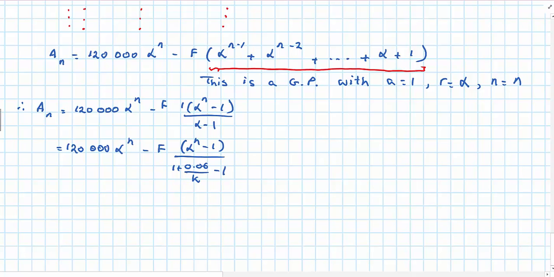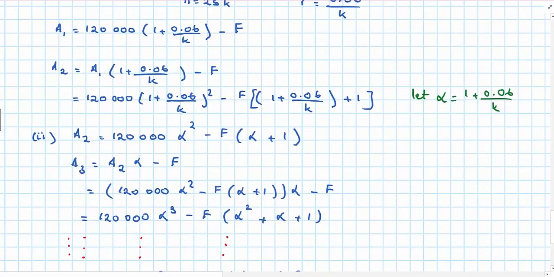The ones will cancel by doing my fraction division. I end up with what the question required. So that's right. Therefore, A_n is 120,000 alpha to the n minus 1 all over 0.06, as the question required.